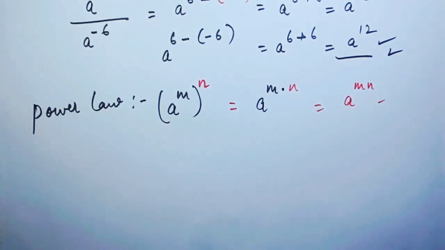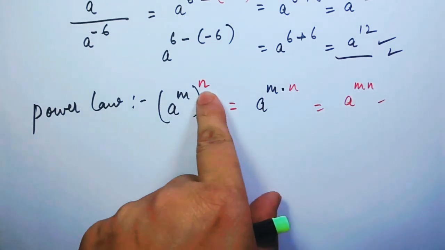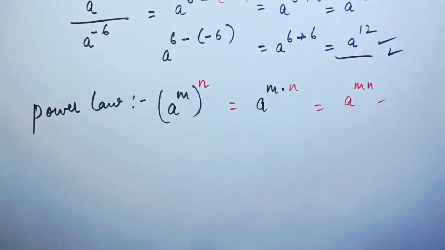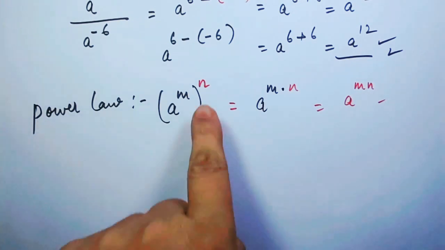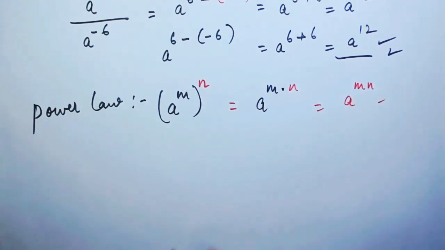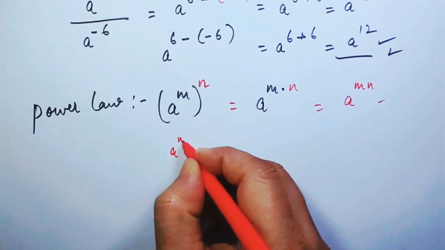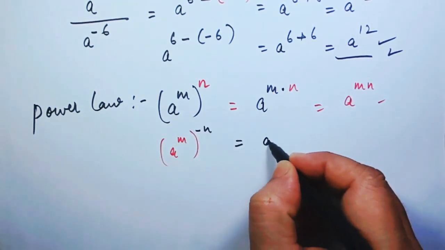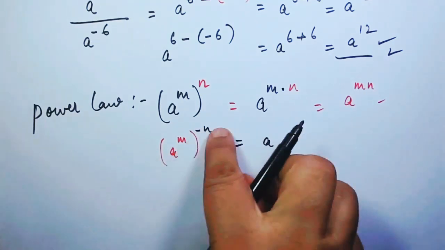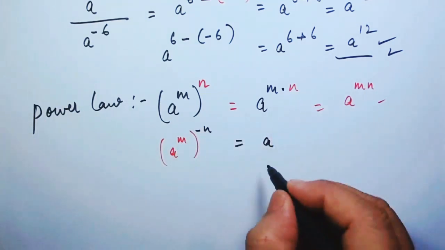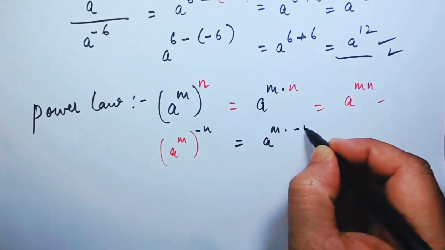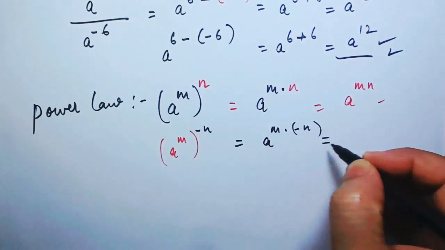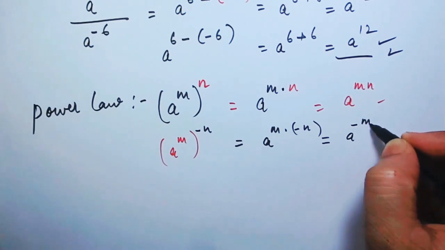If you have a negative exponent, for example a to the power m whole to the power minus n, you will get a to the power m into minus n, not m minus n, which gives a to the power minus mn.